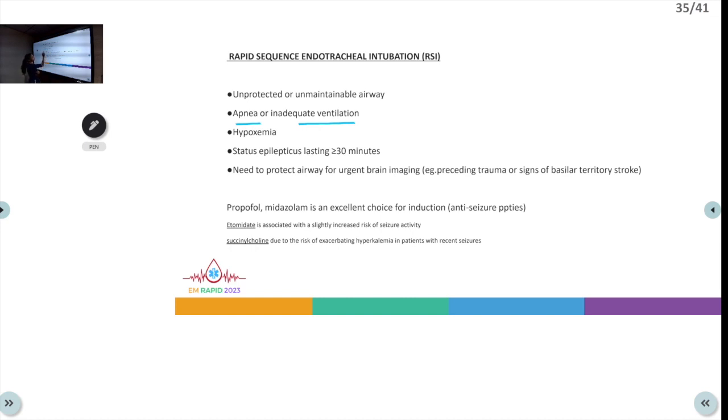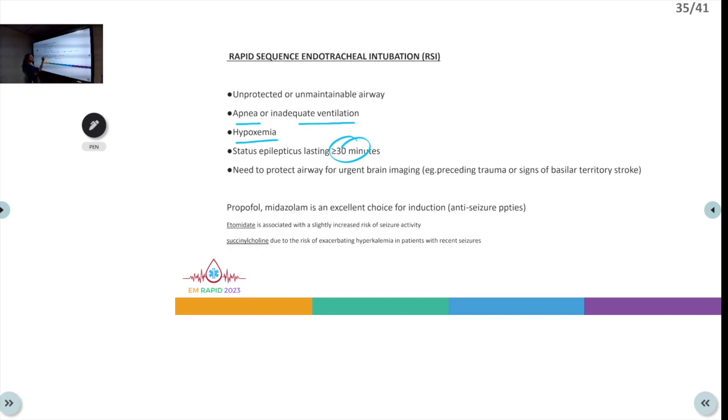Then in hypoxemia, we need to intubate. Status epilepticus lasting more than 30 minutes, that we have already told. And if we need to protect the airway for brain imaging, like if we are suspecting trauma or stroke, then we need a patent airway to shift the patient to the imaging room.